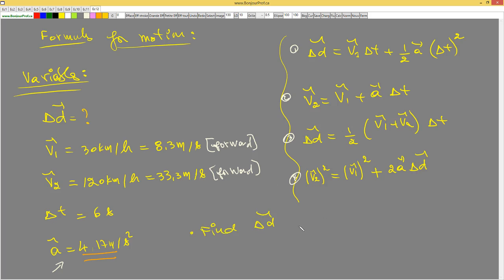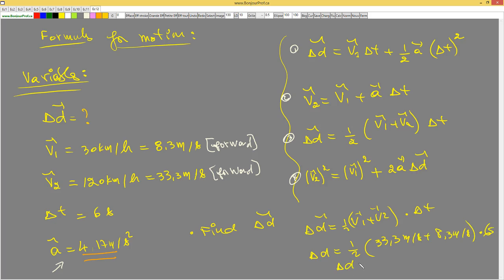Delta D equals half of V1 plus V2, times delta T. So delta D equals a half times 33.3 meters per second plus 8.3 meters per second, times 6 seconds.